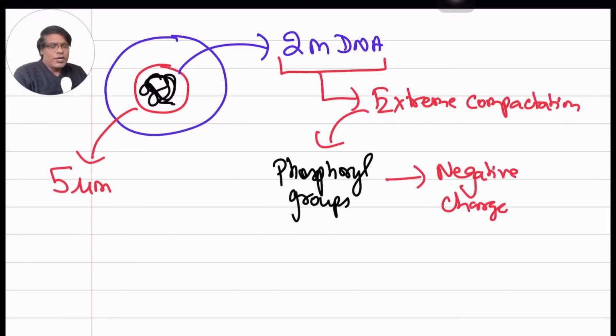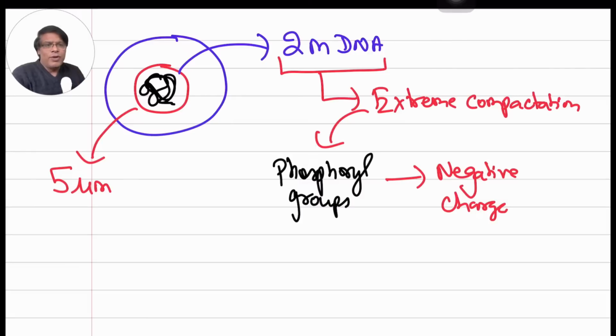Another important point here you must be knowing. In the case of DNA, you are going to have phosphodiester linkage. So within the phosphodiester linkage, you are going to have phosphoryl groups. And all these phosphoryl groups, what they do? They carry the negative charge. So when you are going to have a large amount of negative charge in a narrow space, it will also destabilize the DNA.